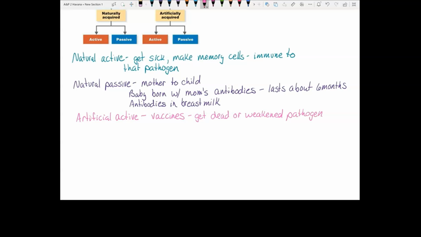Because the pathogen is dead or weakened, it does not cause disease. But your B cells and T cells don't know that the pathogen is dead. They just respond to the antigen on it.